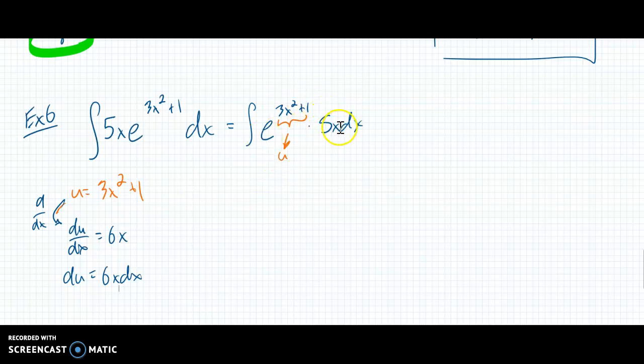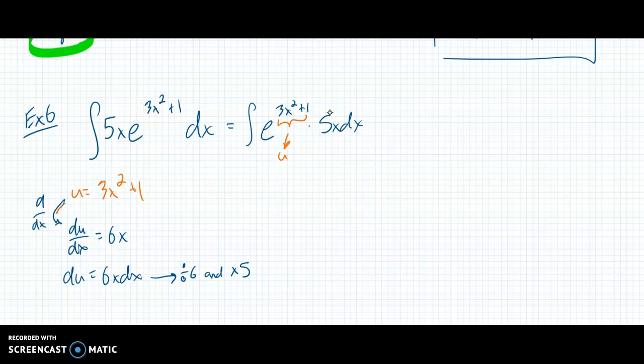And look, I got a 5 here. So let me show you how to do this easily. I want a 5 there, and I want to get rid of the 6. So I need to divide it by 6. I'll draw an arrow here. I'm going to divide by 6, and I'm going to multiply by 5. I'll show that out.